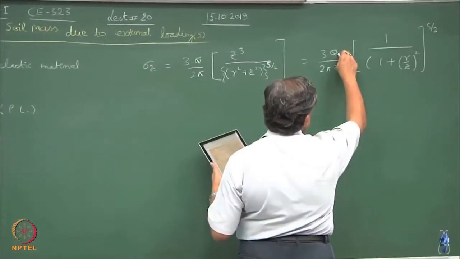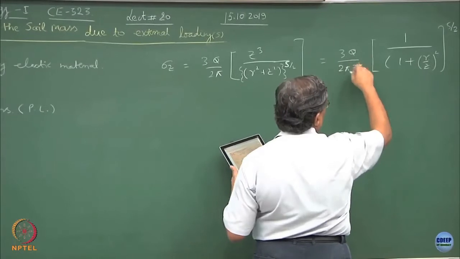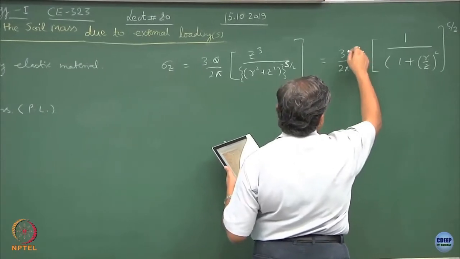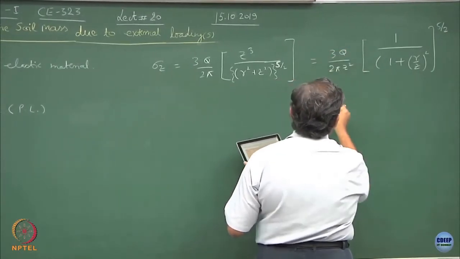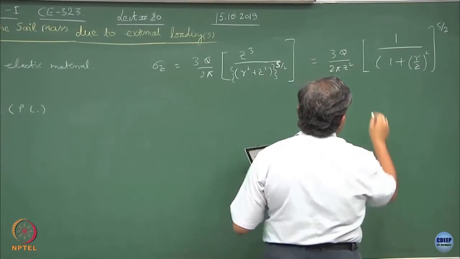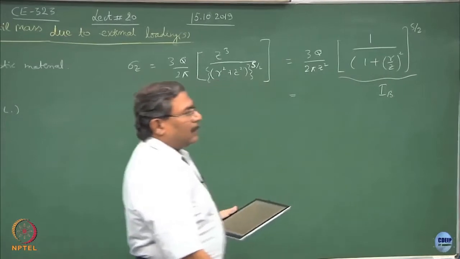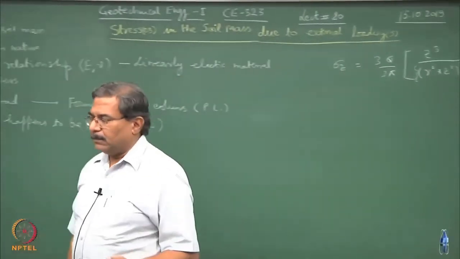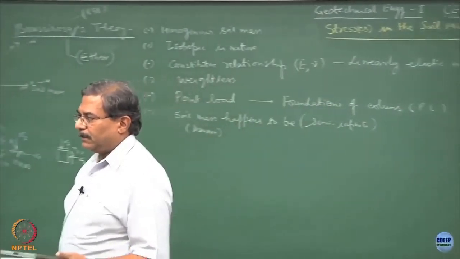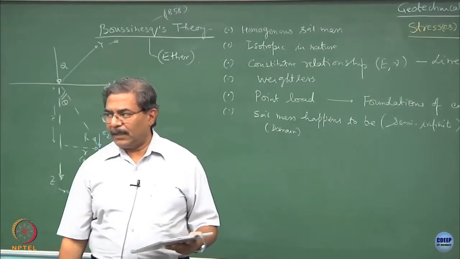Q is the load, z square is a sort of an area. So, this becomes a pressure term, 3 upon 2 pi is the solution. Normally what we do is, we replace this term as I_B, and this is what is defined as the influence factor, alright, influence factor I_B.